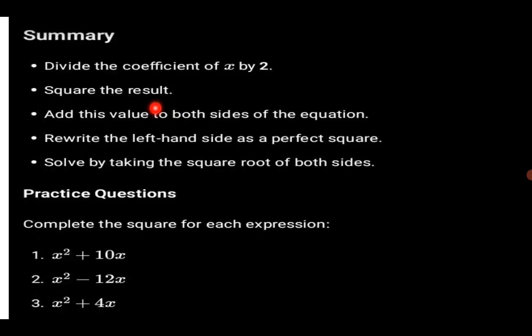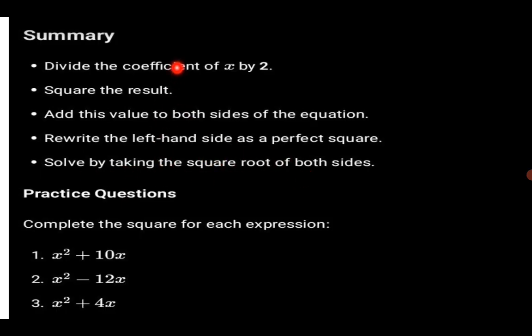So in summary, to turn an expression into a perfect square, you divide the coefficient of x by 2, square it, add this value to both sides of the equation, then you rewrite the left-hand side as a perfect square. Then solve the equation by taking the square root of both sides.